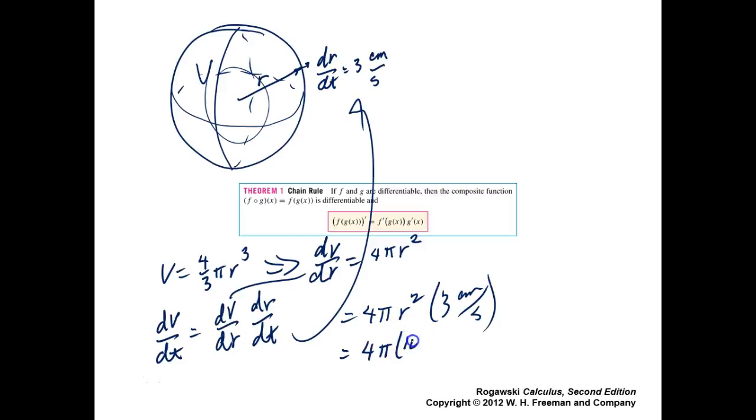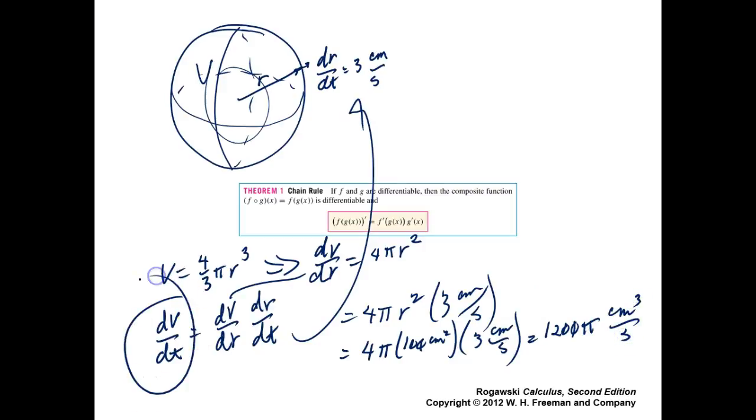That would be 100 centimeters squared times 3 centimeters per second. Okay? Let's multiply our numbers together. 4 times 3 is 12 times 100 would be 1200 pi. And the units would be cubic centimeters per second.